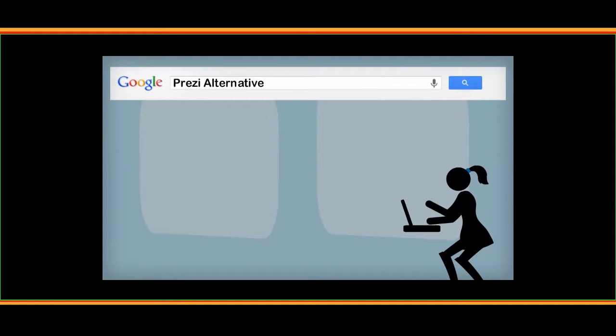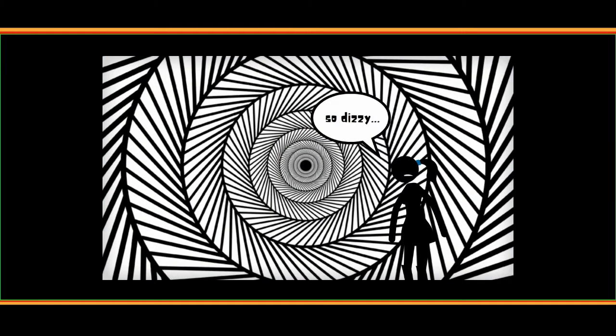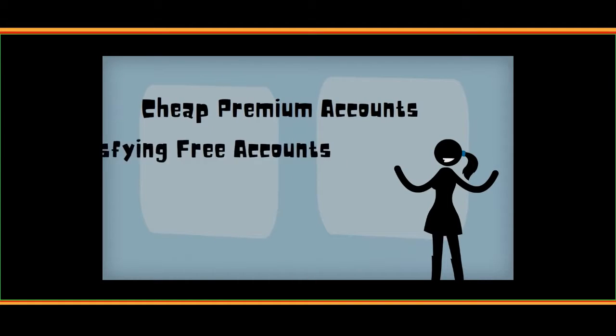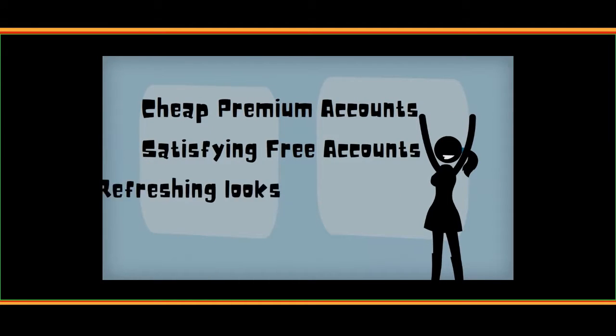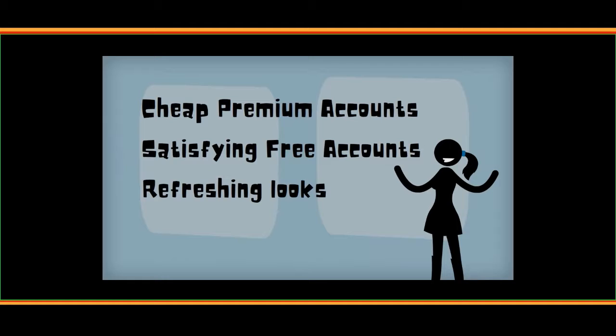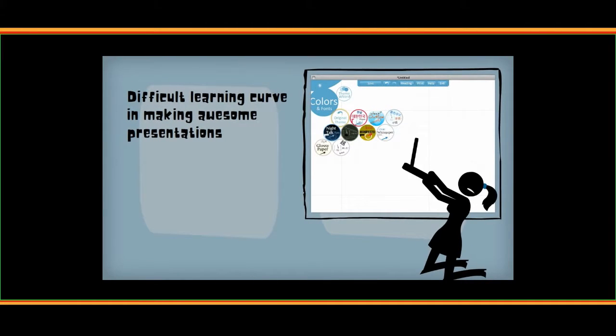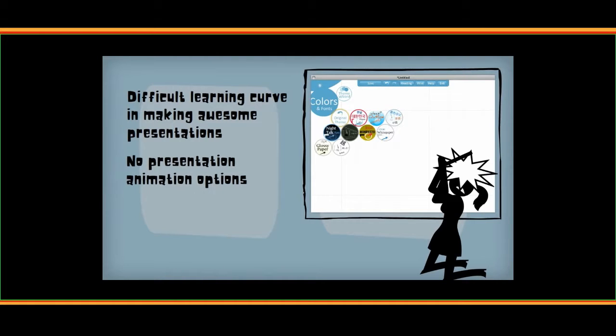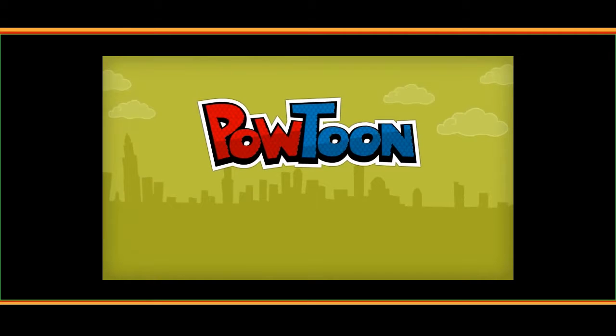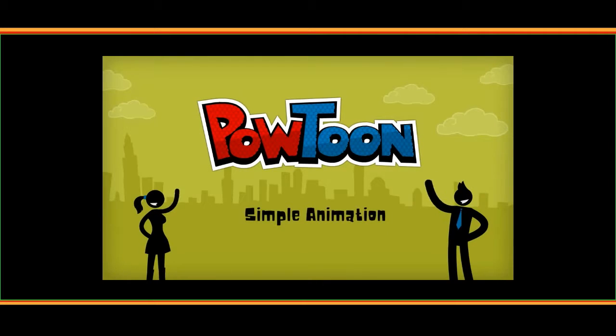At the same time, the search term Prezi Alternative started trending on Google search after many people who had watched the presentations complained of dizziness. Even with vertigo, Prezi still measures up with cheap premium accounts, satisfying free accounts, and refreshing looks in the presentation design. The difficult learning curve in creating an optimal presentation and no presentation animation options put Prezi back a few pegs.